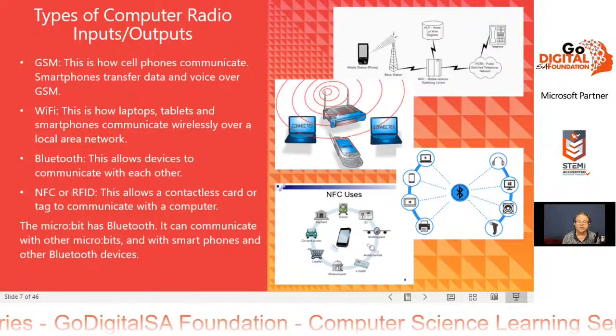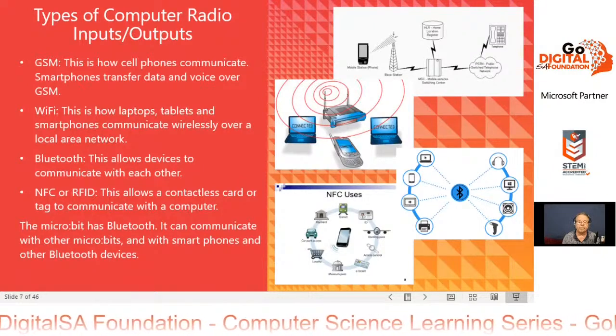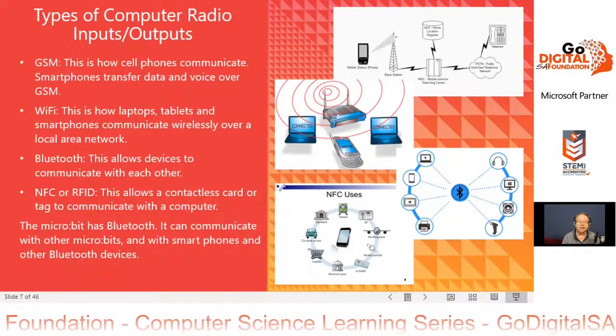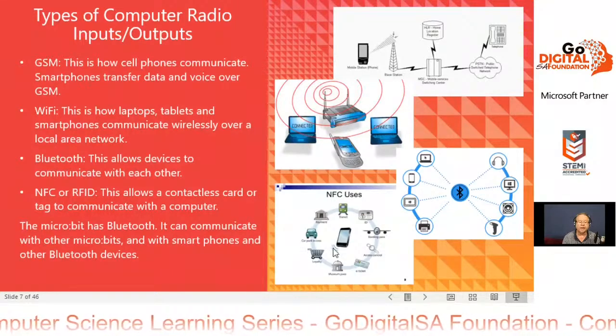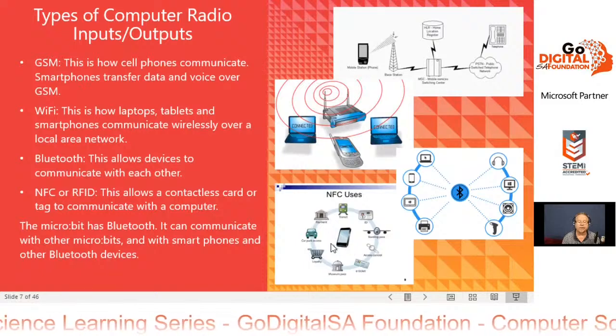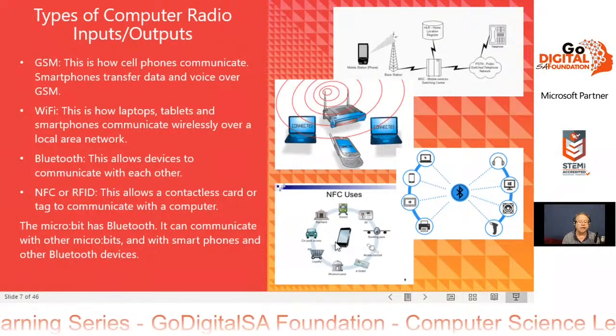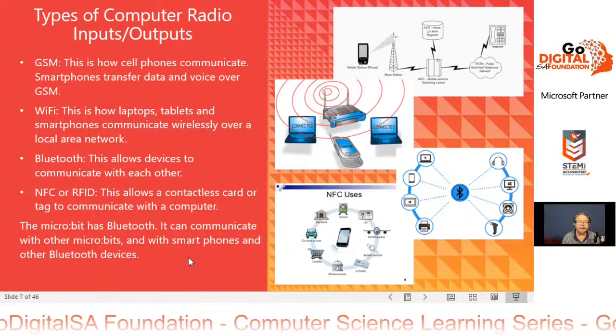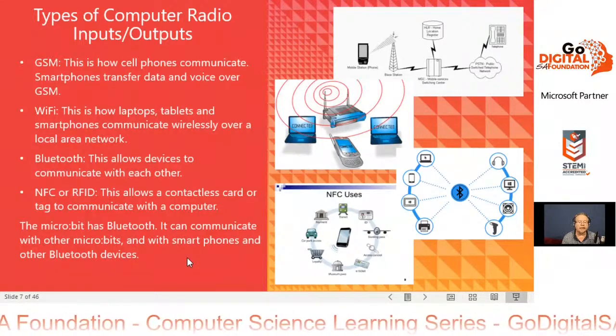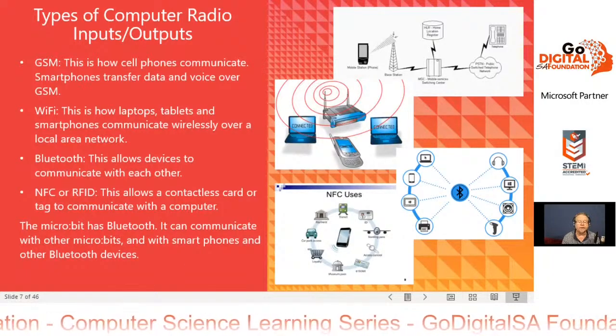It's usually within the same room. And NFC is very close by, so normally you need to tap or be very close for them to communicate with each other. Okay, so the microbit has Bluetooth. It can communicate with other microbits and with smartphones and other Bluetooth devices.